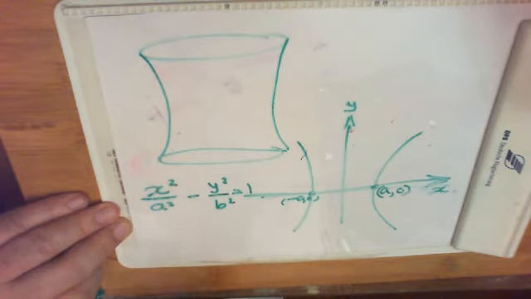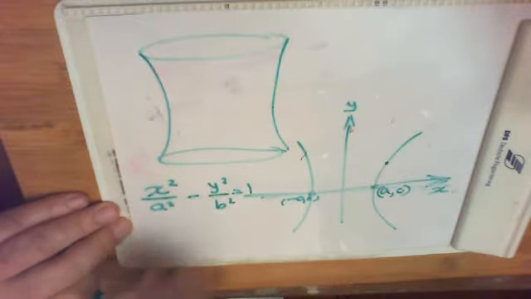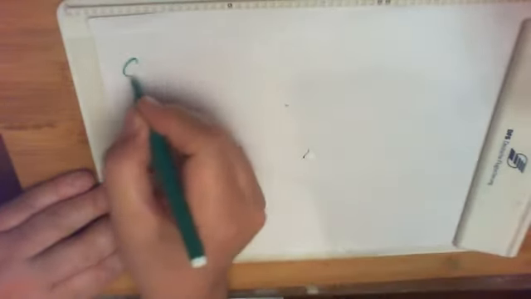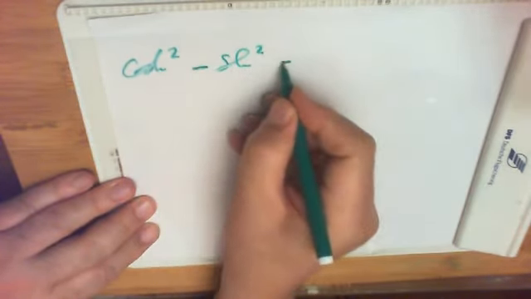Okay, in case of circle, we proved a few minutes ago that cosine and sine satisfy the coordinates of any point on the circle. Here, sine and cosine satisfy the coordinates of any point on the hyperbola. How come? As you know, we have the golden rule: cosine squared minus sine squared equals 1.